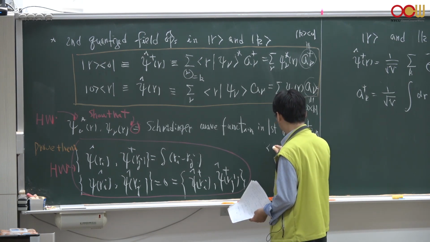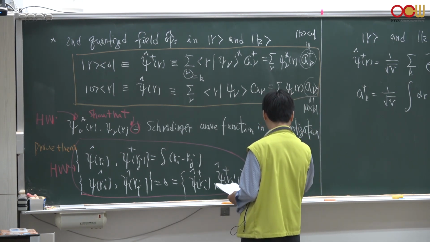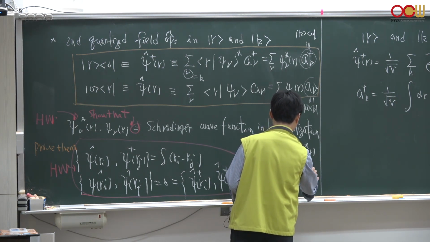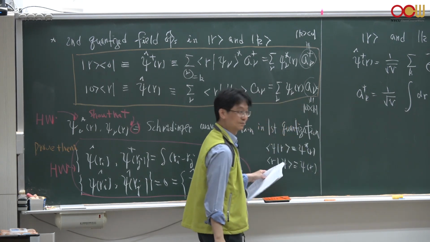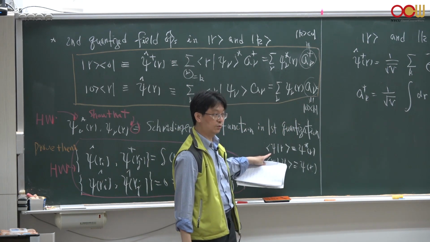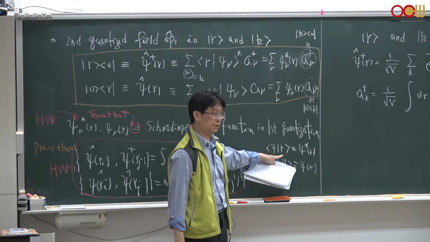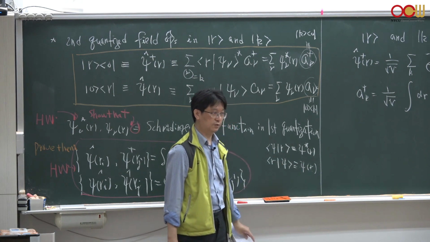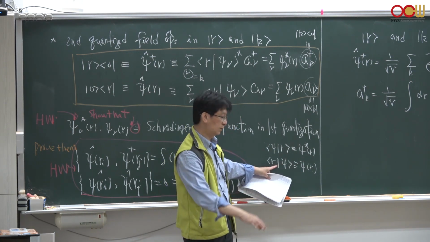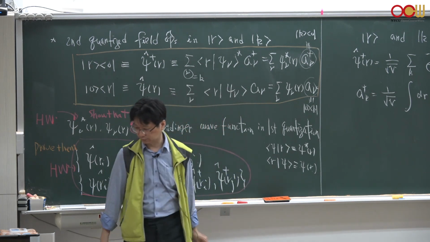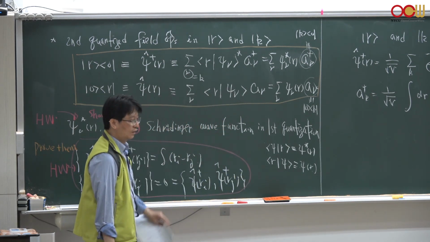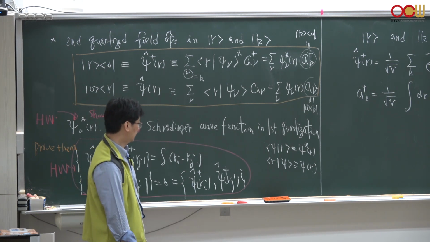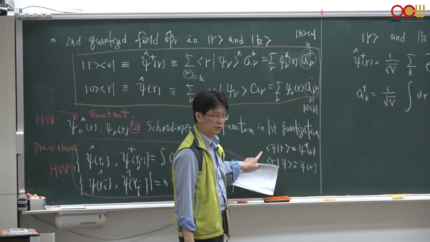Whatever convention you use, it doesn't matter. If you project your quantum state psi onto the real space eigenbasis R, you get the Schrödinger wave function. Likewise, if you do the reverse, you get the complex conjugate of that Schrödinger wave function. So this homework is a review of your quantum mechanics, in particular the Dirac notation.